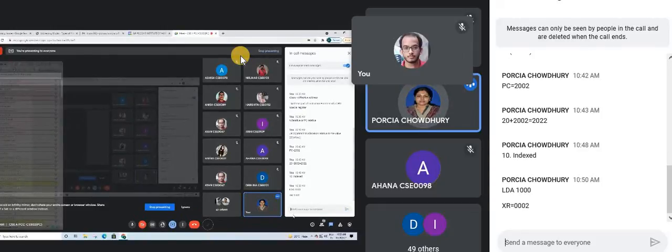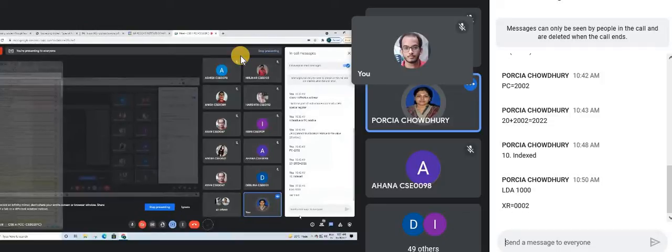What does it mean? What is the effective address over here? Calculate the effective address. Effective address is the address part of the instruction plus the content of the index register.